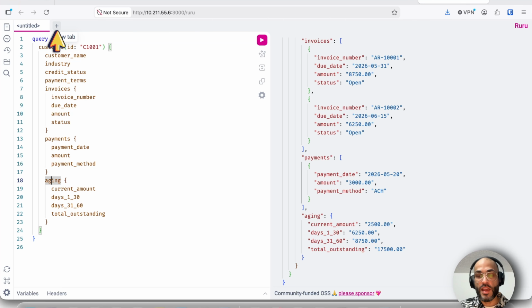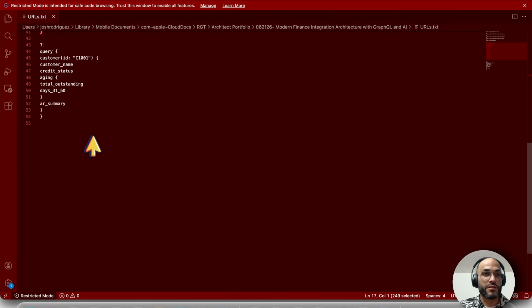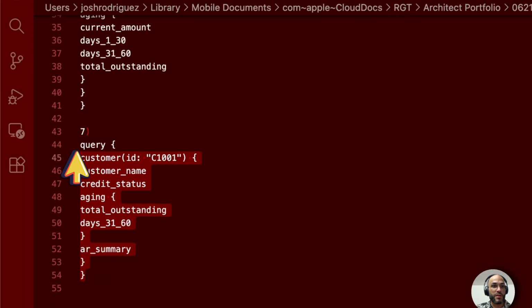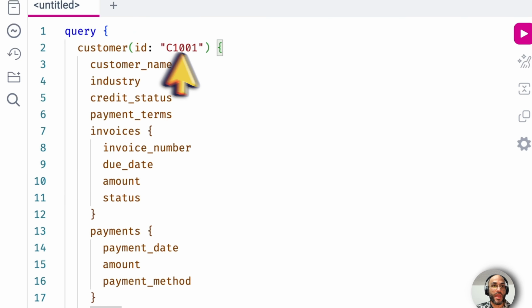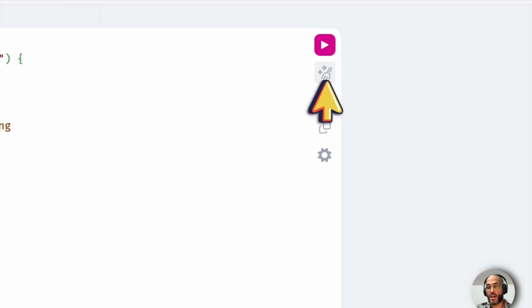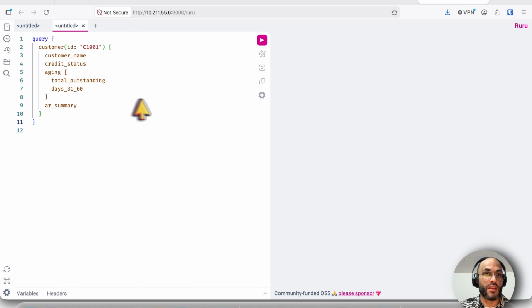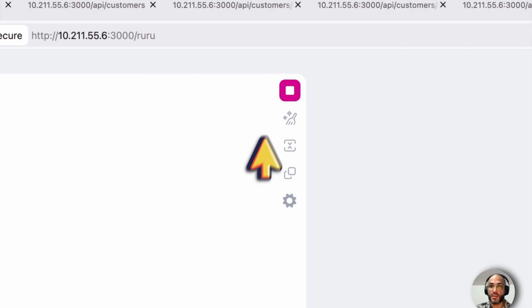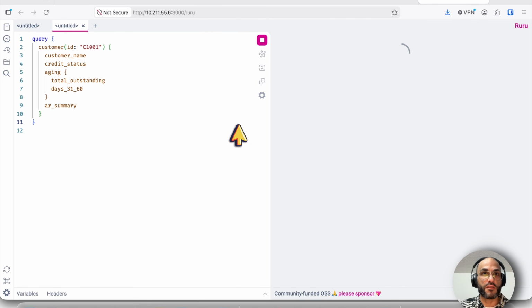So that's for that. Now let's go over the AI section that we have added for this application as an enhancement. What the AI section is gonna do is write a summary, sort of an analysis that can be used by an accounts receivable analyst. We're gonna run it, and it's gonna take a little over 10 seconds because this is being run on a virtual machine.